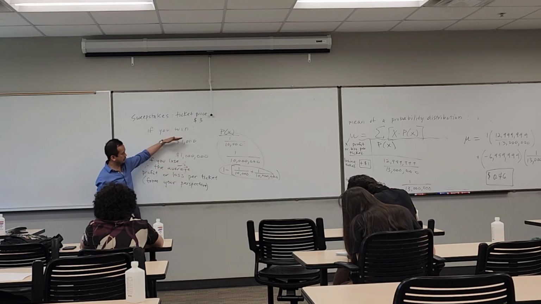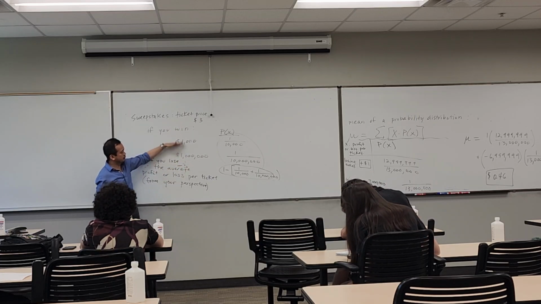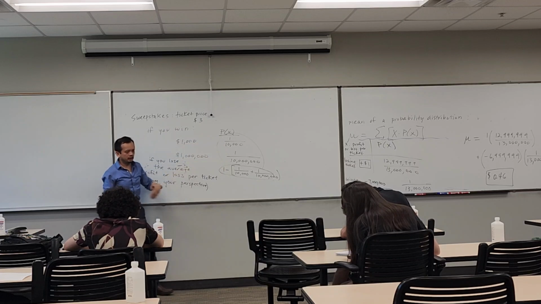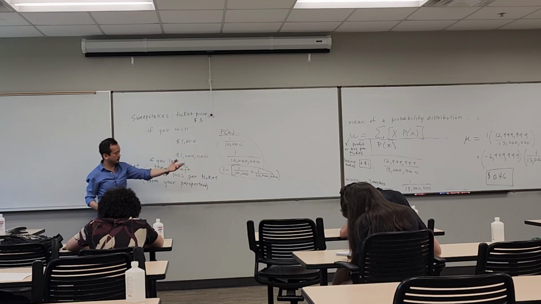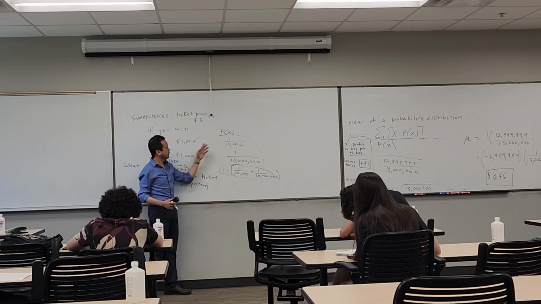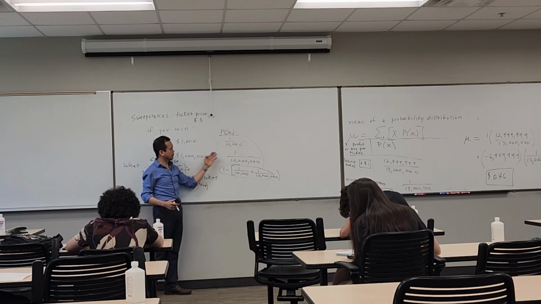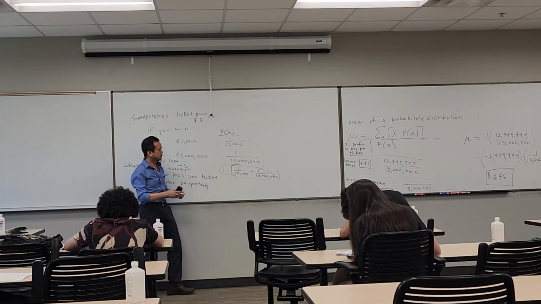Either you enter these three entries in each column into your calculator, or you can use the formula we talked about, where you multiply each row together and then add them all up.